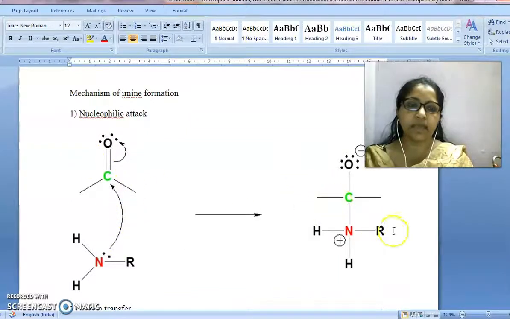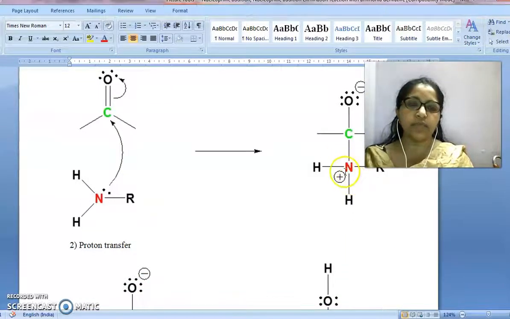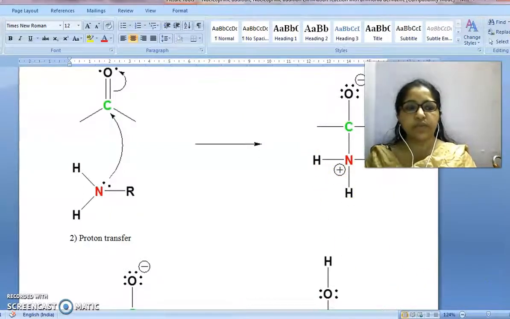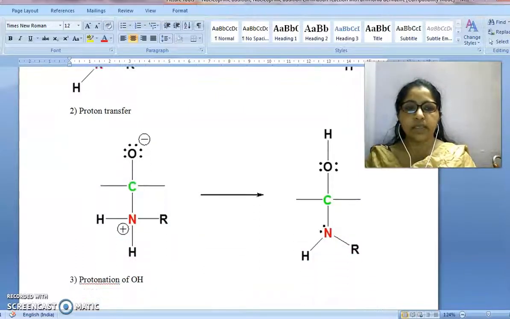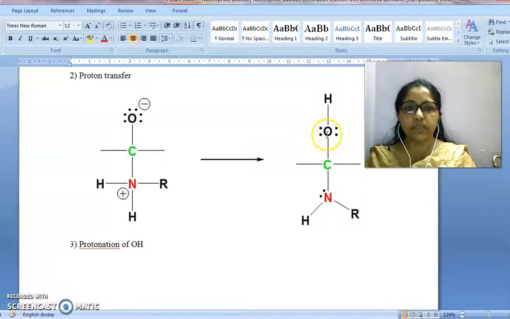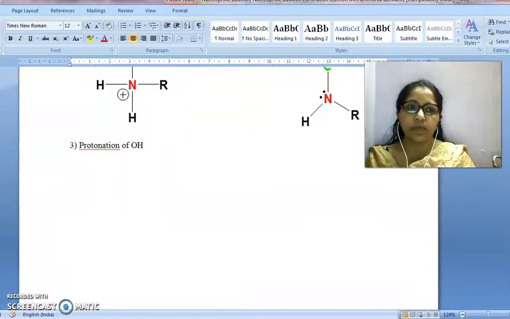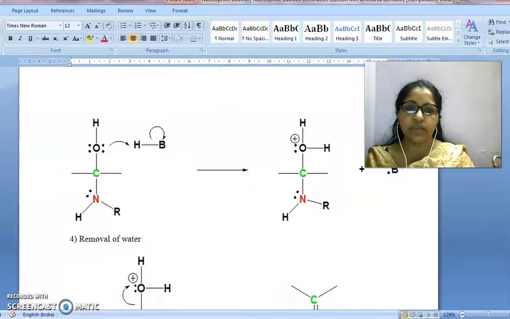So the nucleophile is attacking. The nitrogen here gets a positive charge, and accordingly this H will be abstracted by the oxygen O minus, and see here the carbon is bonded to two electron-rich or electronegative atoms. So this becomes a kind of tug of war, both are pulling, and accordingly one has to leave. So here the OH can leave as water.